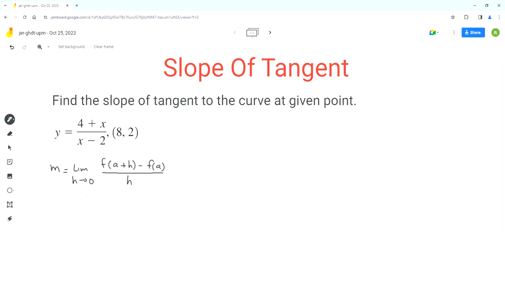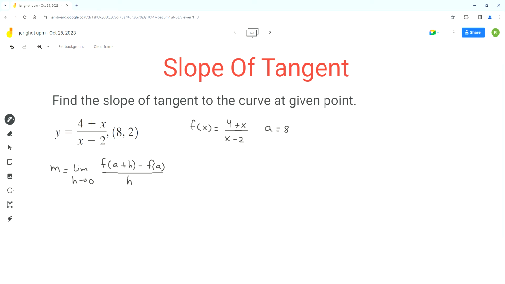We can write the equation using function notation: f(x) equals (4 plus x) over (x minus 2). Now the a value here is 8, because that's the x coordinate of the given point where we have to find the slope of the tangent.